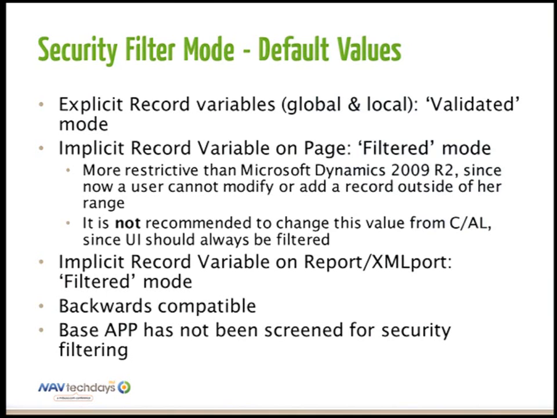It's the same as in the earlier versions of NAV. So that's backwards compatible. Then we have the implicit record variables. That means the Rec on the page and on reports and XMLports. They all run in filtered mode, which means that they will show you only what is within your filter. If you use the record variable to do something outside, it will error.